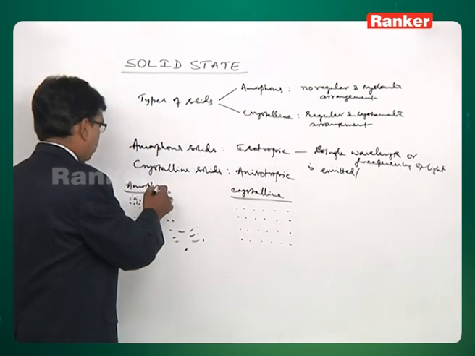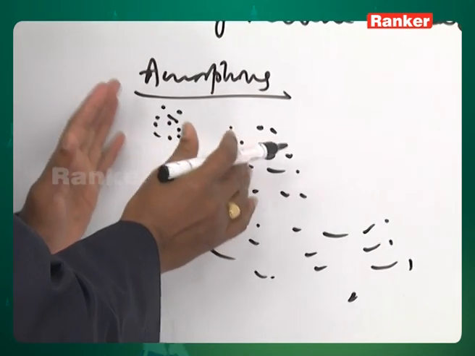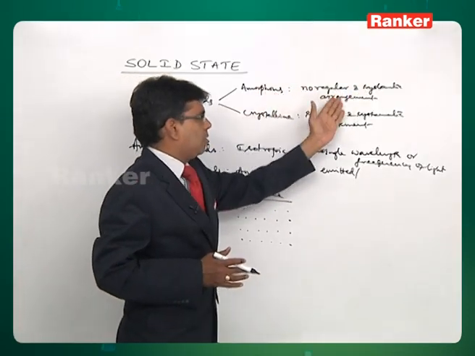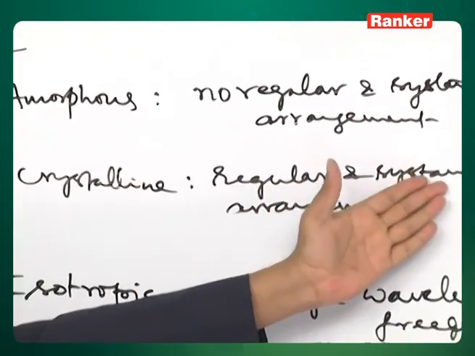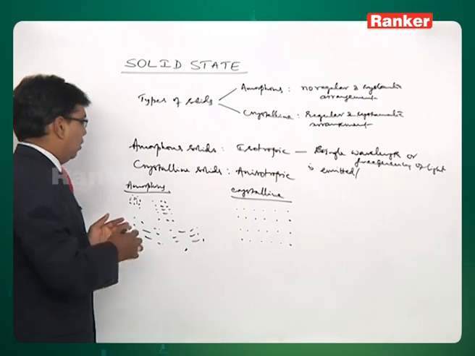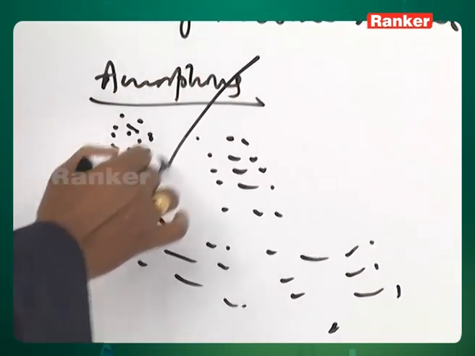So this is the basic difference, as already mentioned: in amorphous solids there is no regular and systematic arrangement, while in crystalline solids there is. Suppose a light ray is incident on it.